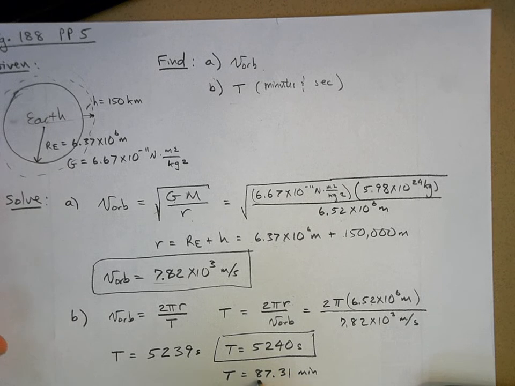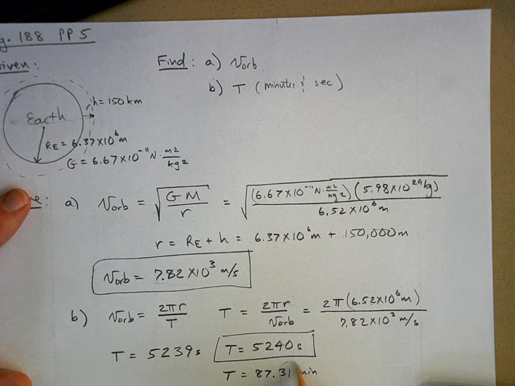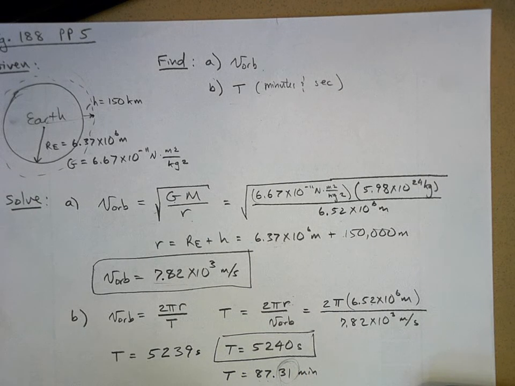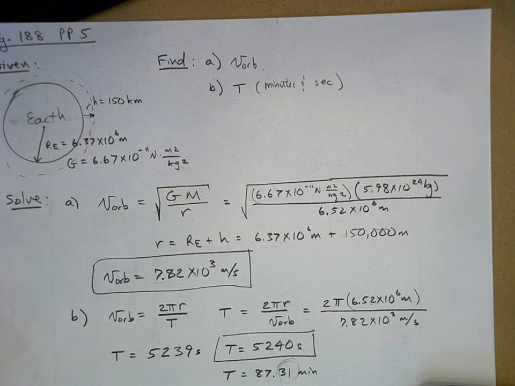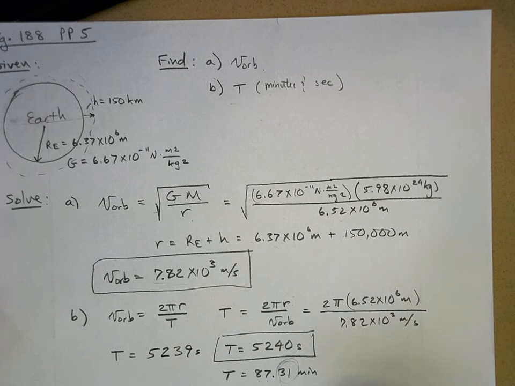This is not 87 minutes and 31 seconds. This is 0.31 of a minute. So 0.31 of a minute is the same as 0.31 of 60 seconds. 0.31 times 60 seconds is 19 seconds.